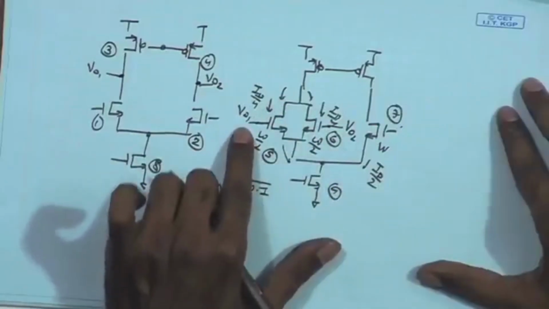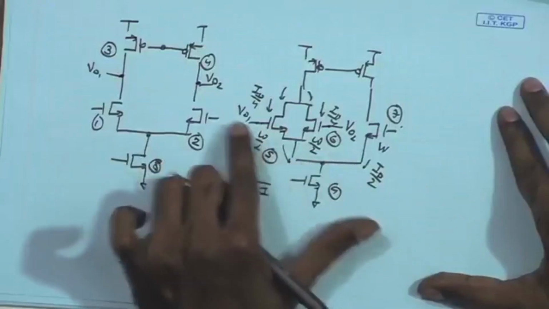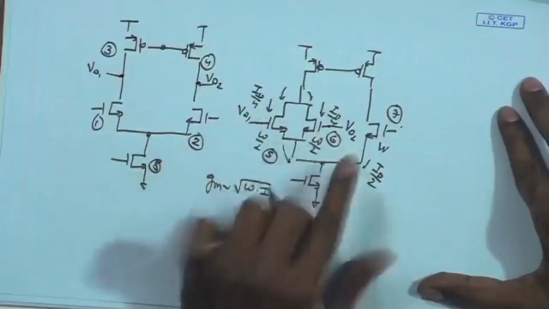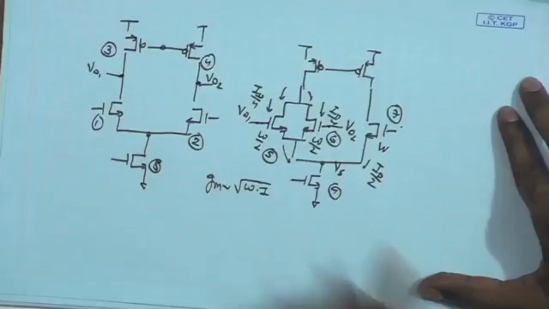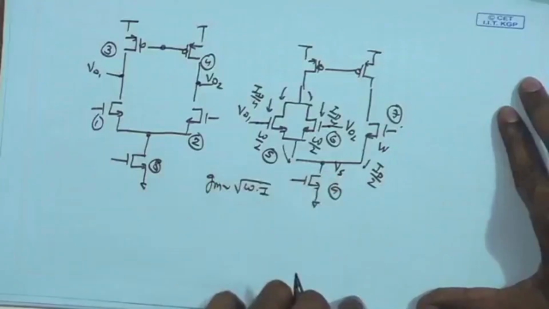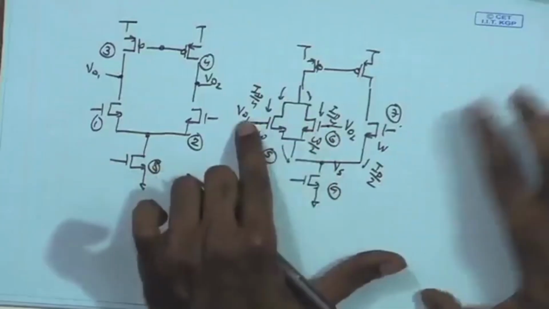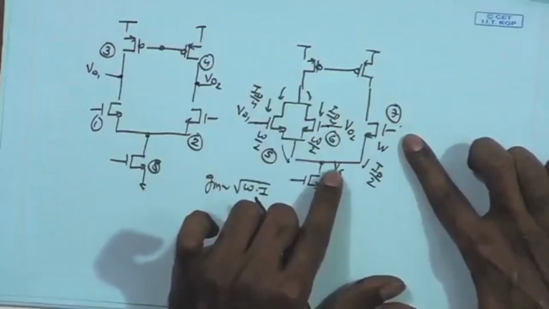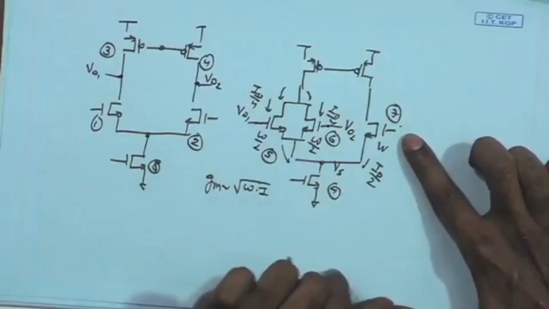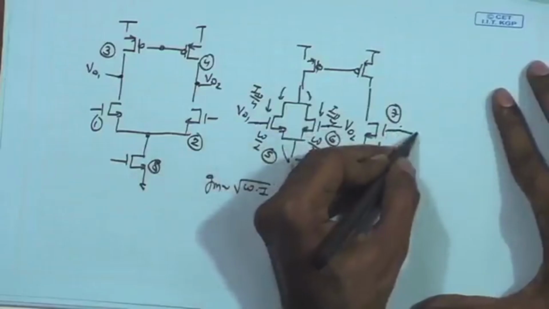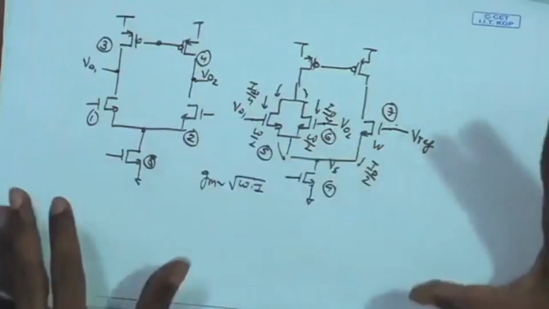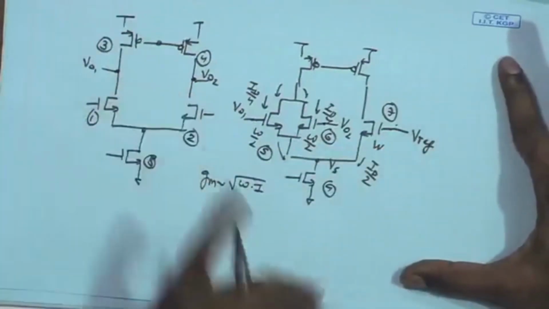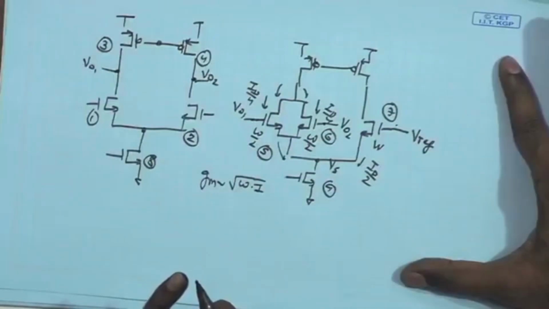Suppose the source is not necessarily at AC ground, because if the signals are not fully differential, it may not be exactly at AC ground. So, suppose there is some small signal Vs coming over here. This is our reference signal Vref, and I want my output common mode of the differential amplifier to be set equal to the reference signal.